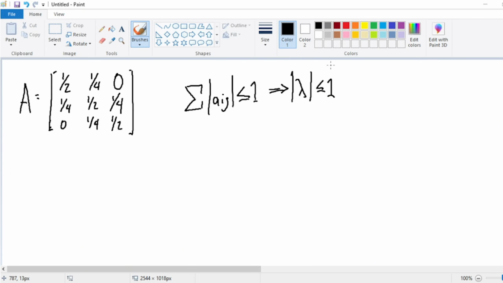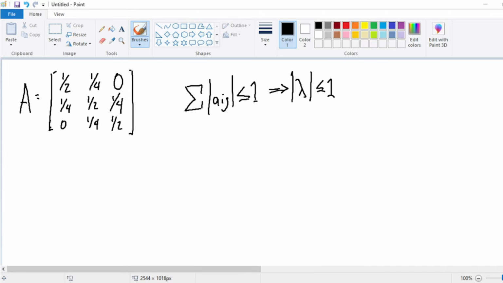So the sum of the absolute values of the entries in a row is less than or equal to 1, which implies the magnitude of lambda is less than or equal to 1. The eigenvalues for this specific type of matrix follow a cosine distribution. The formula for the kth eigenvalue is shown here.